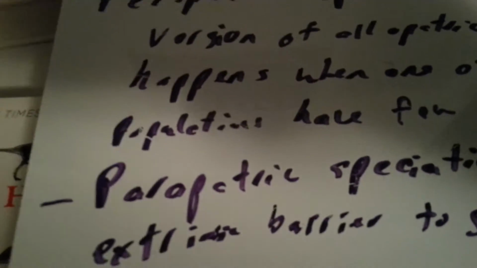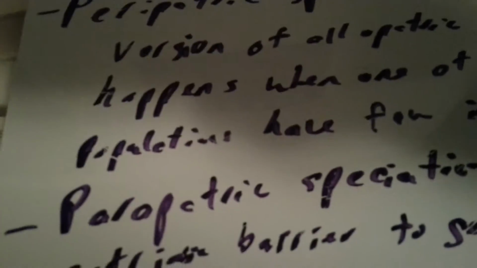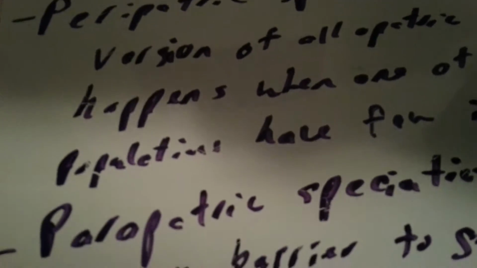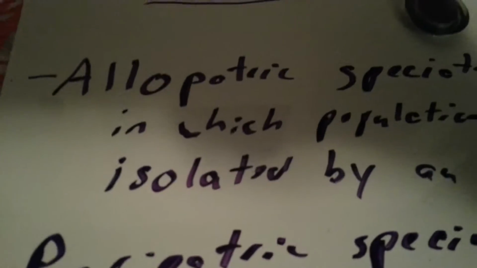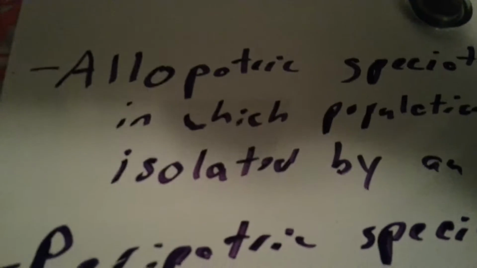Or they go to a new island or whatever, and evolve intrinsic reproductive isolation, which is of course genetic, such that if the barrier breaks down, individuals of the population can no longer interbreed. Allopatric speciation is thought to be the most common way that species form.